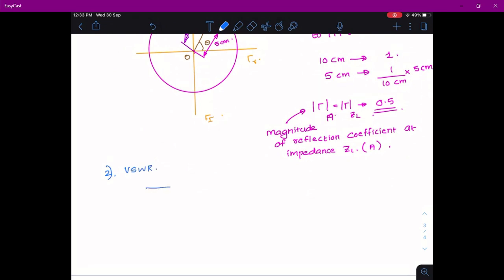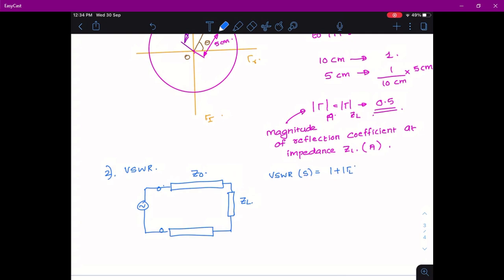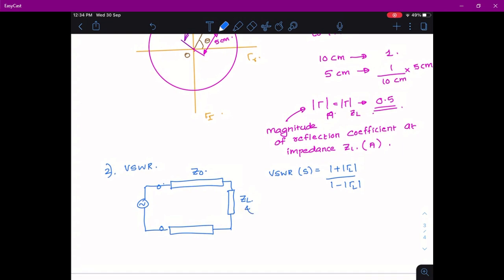If you draw your transmission line, this is ZL, this has Z0. The expression for VSWR or SWR is 1 plus mod tau L by 1 minus mod tau L, where tau L is the reflection coefficient at the load.